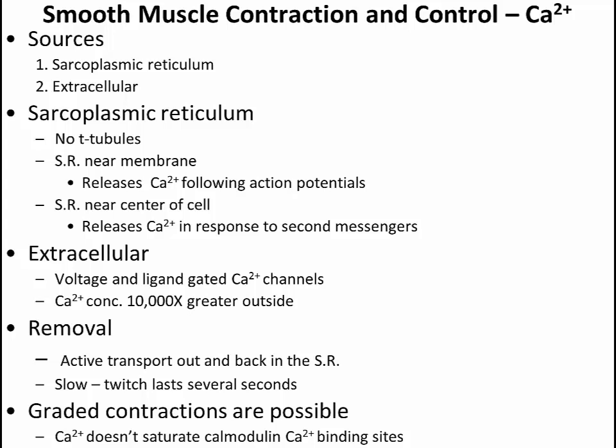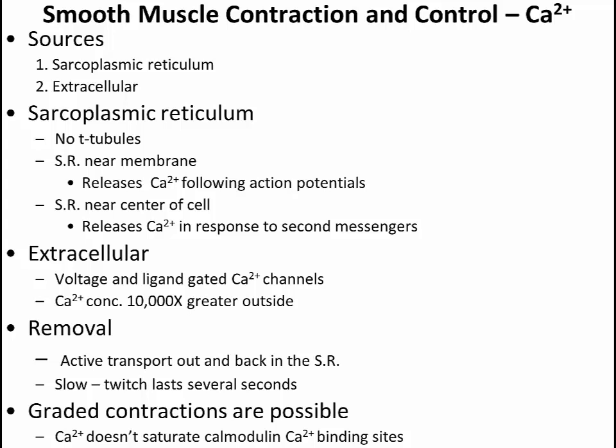So what we see is this, that in the case of sarcoplasmic reticulum that's located near the membrane, calcium is released from the sarcoplasmic reticulum following the arrival of action potentials in a manner similar to what we observed in the case of skeletal muscle and the interaction between the T-tubules and the sarcoplasmic reticulum there in skeletal muscle. But in other cases in smooth muscle, what we see is that some of the sarcoplasmic reticulum is located near the center of the cell.